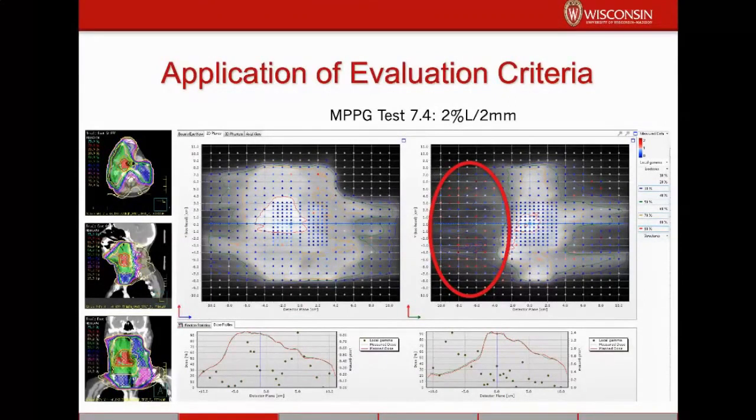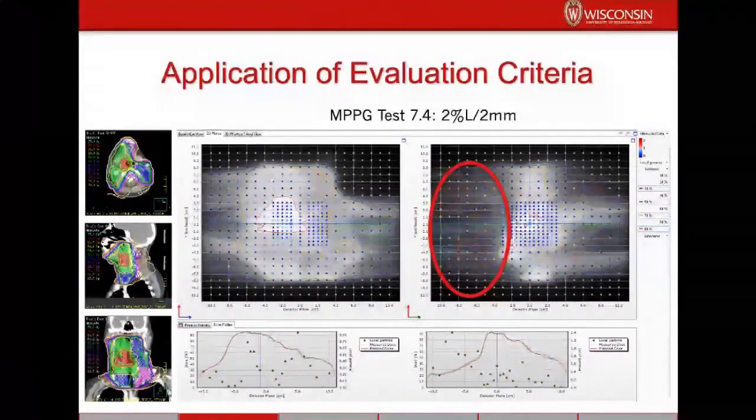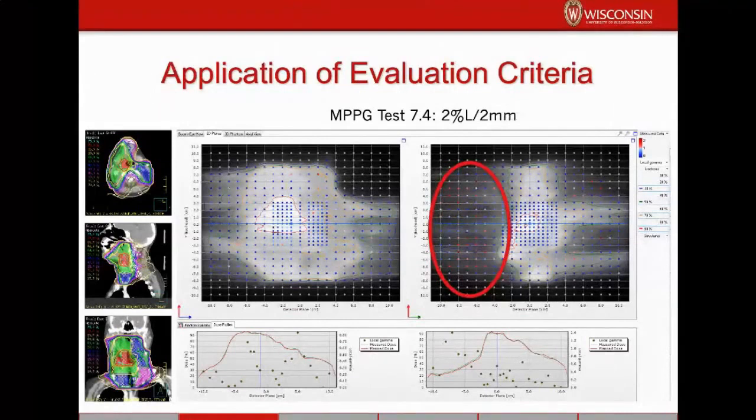You know, for example, for a MapCHECK, oftentimes you'll use a virtual water phantom. For the Delta 4 and the ArcCHECK, there are virtual phantoms provided by the vendor that you use for dose calculation.